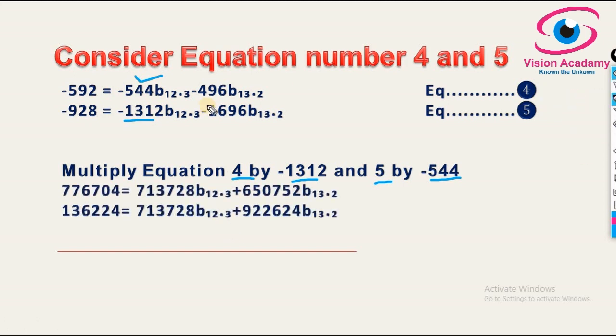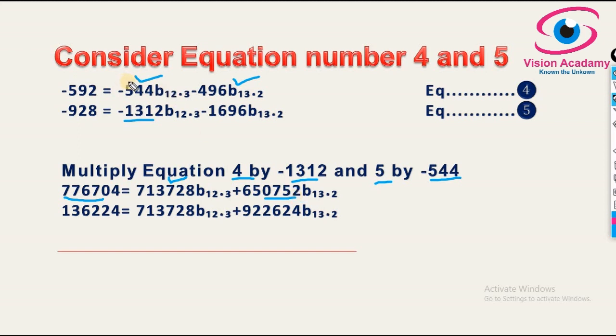So minus 1312 into minus 592, 7,76,704, and minus 1312 into minus 544, 7,13,728, and minus 1312 into minus 496, 6,50,752.